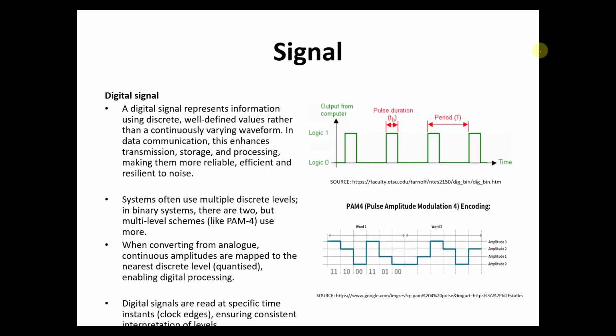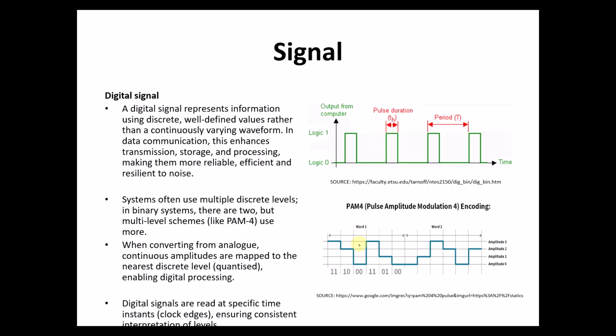Just like the image I drew to show the sampling example, the signals you are seeing here are not continuous. So you can see here that this is representing a 1, and then here is a 0, and then here is a 1. So the signal is discrete. They are sampled at equal intervals of time so that it is not continuous.